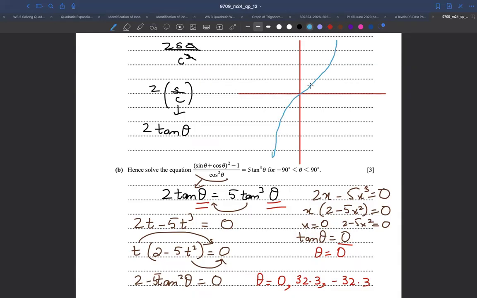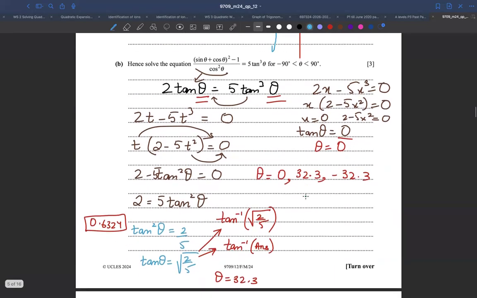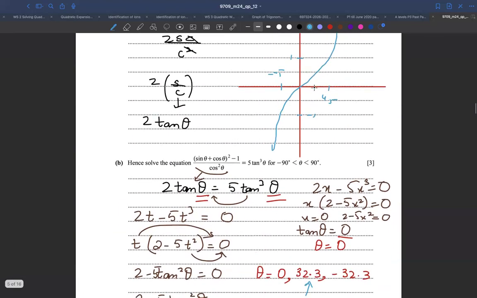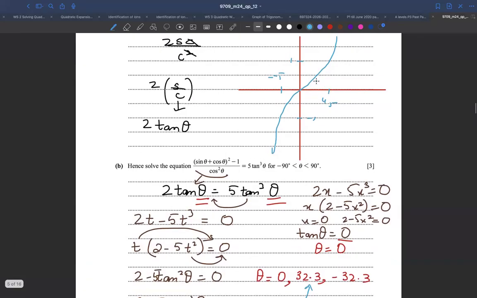So we learned that if it is 1 at 45, so it is minus 1 at minus 45 as well. Similarly, if over here it is 32.3, where root 2 upon 5 is coming, this same value you will get at minus 32.3 as well with a negative answer.